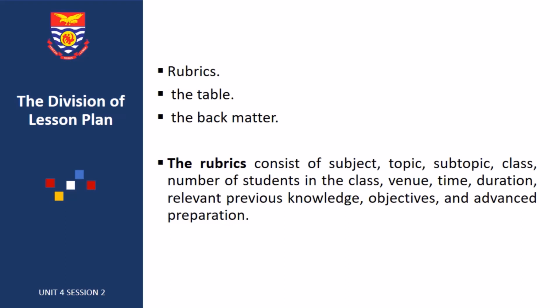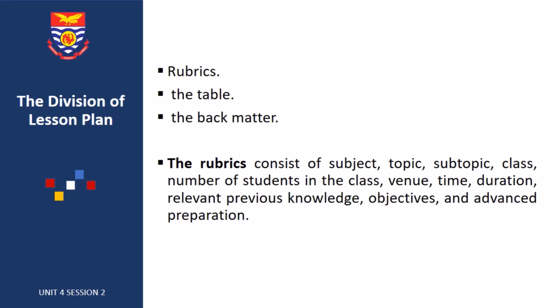So the rubrics is made up of all the preliminaries that come before the actual teaching and learning procedures. So the rubrics consist of subject, topic, subtopic, class, number of students in a class, venue, time, duration, relevant previous knowledge, objectives, and advanced preparation.